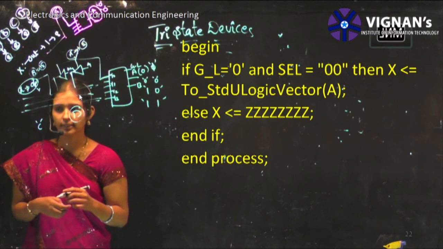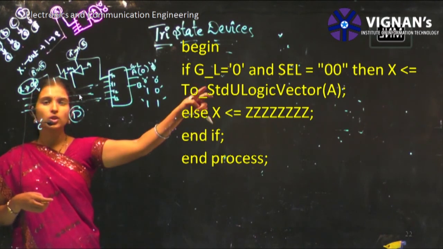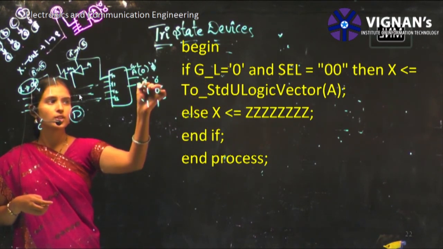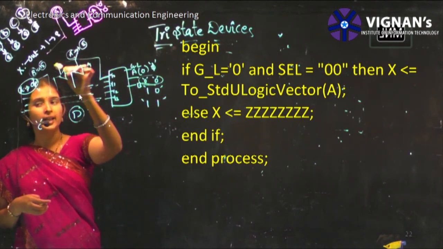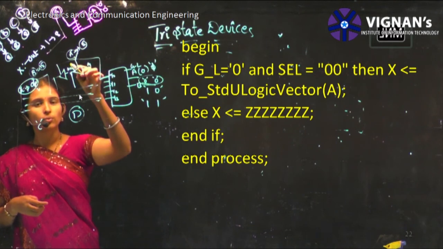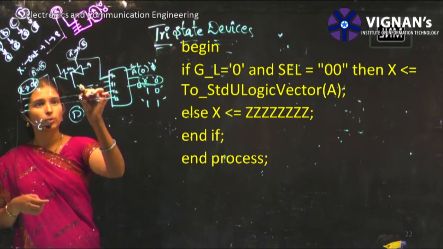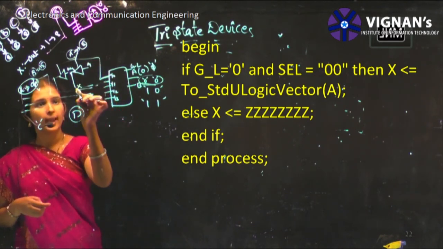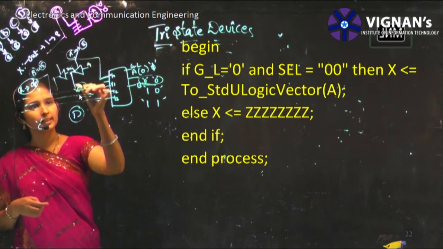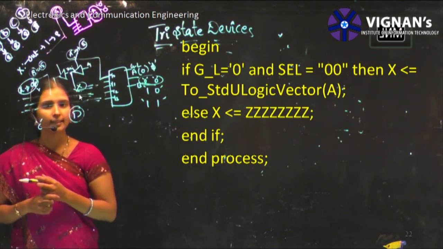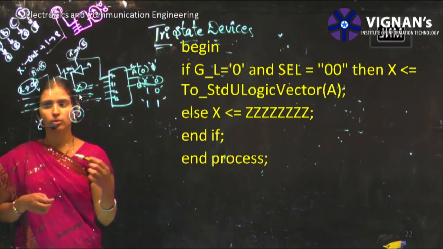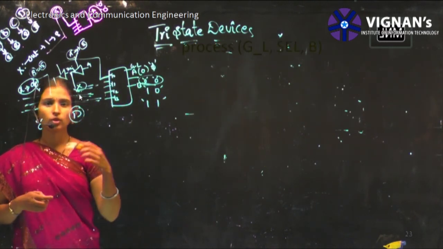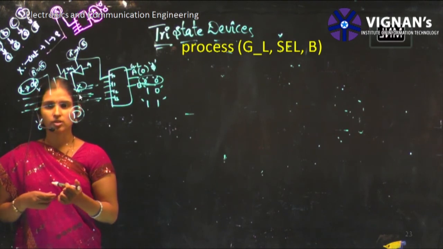Next, see, if the selection line is 0 0, that means data bus A is selected. So that is X; X will be your output. Whatever the data is, it will be transferred to that common bus X. If you are not providing 0 0, then it will be in the high impedance state.